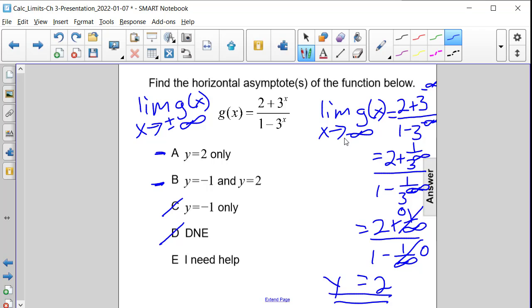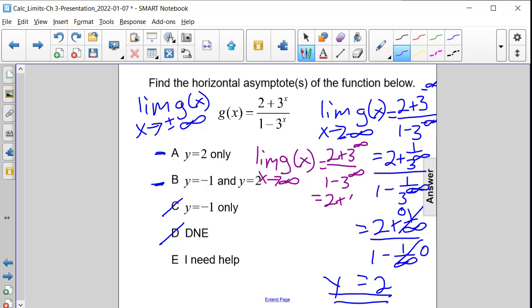Now let's look at the limit of g of x as x approaches positive infinity. If we do that, it will be 2 plus 3 to the infinity over 1 minus 3 to the infinity. 3 to the infinity is infinity, so it's 2 plus infinity over 1 minus infinity.